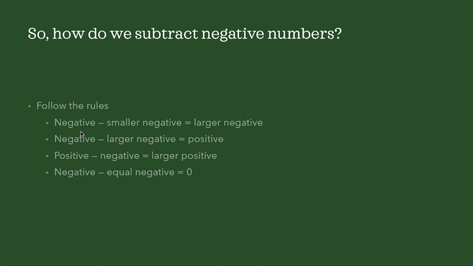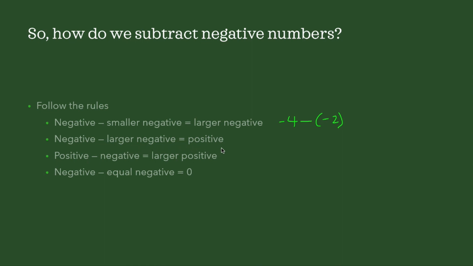So a negative minus a smaller negative is equal to a larger negative. An example of this situation would be negative 4 minus negative 2, where we would get a larger negative that's larger than either of these two. And let's do this one. A negative minus a larger negative is equal to a positive.